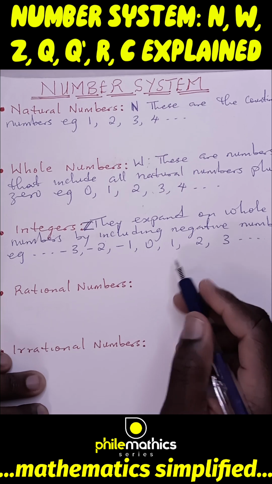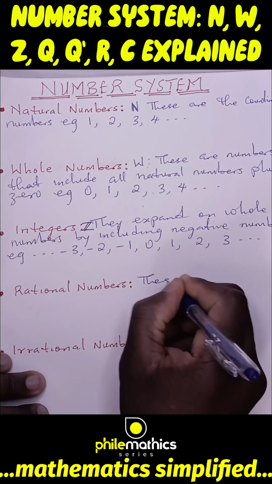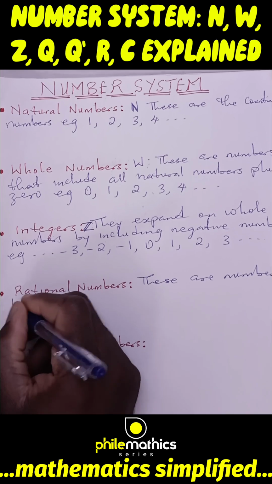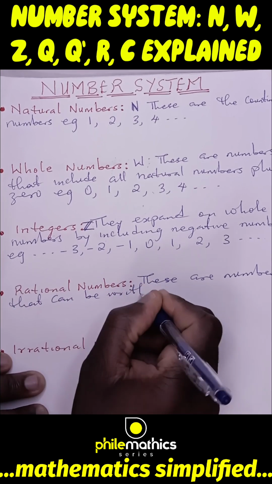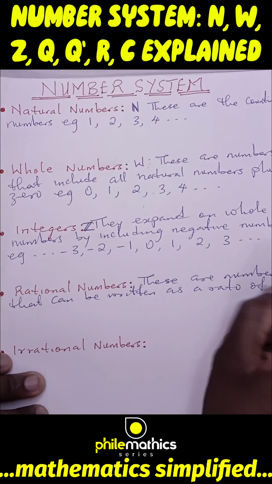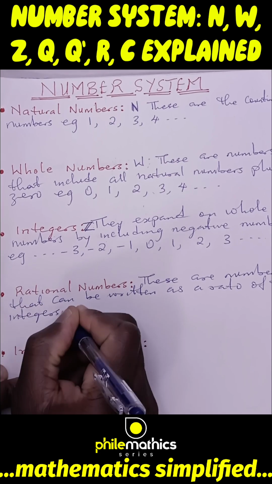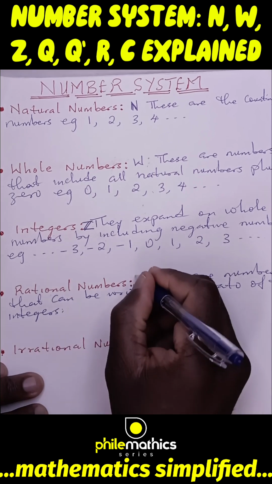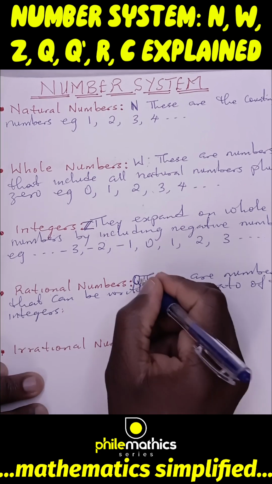The next we'll look at is the rational numbers. These are numbers that can be written as a ratio of two integers. Again, the symbol for rational number is Q. Q is the symbol for rational numbers.